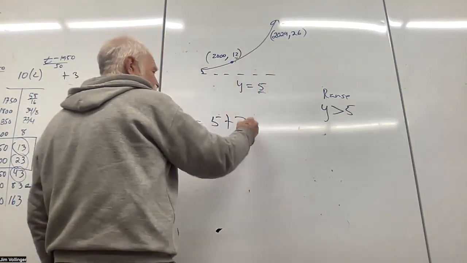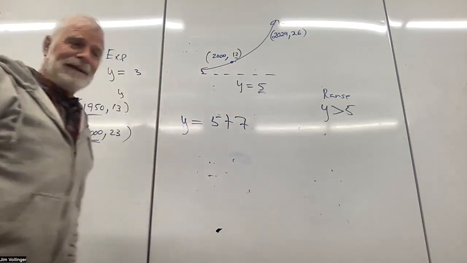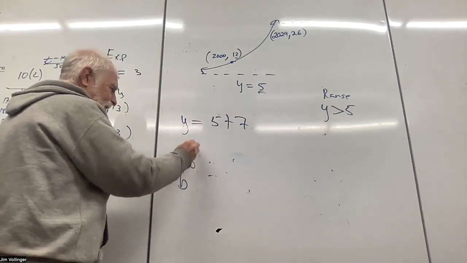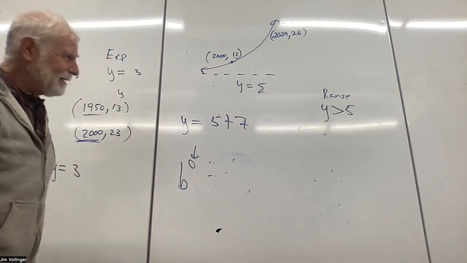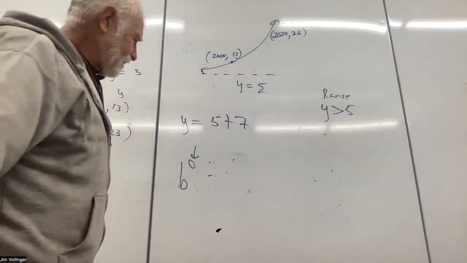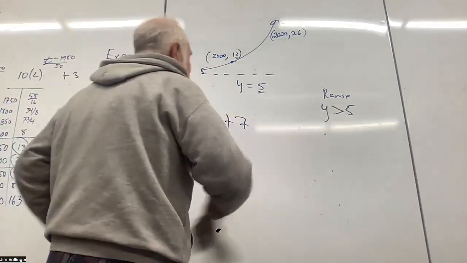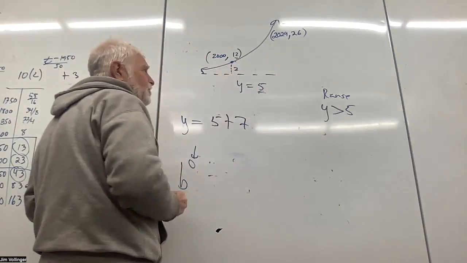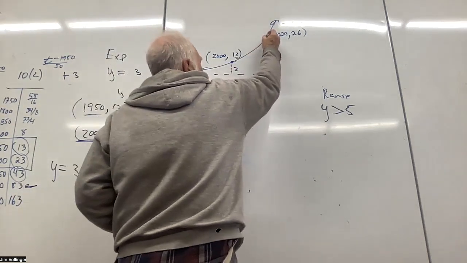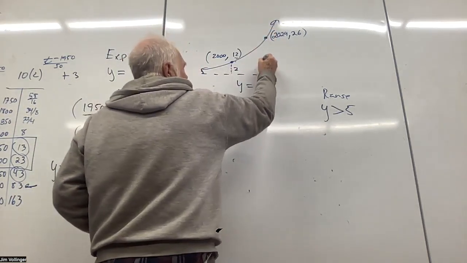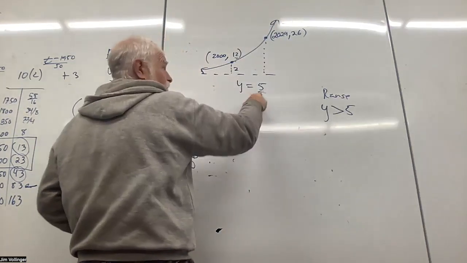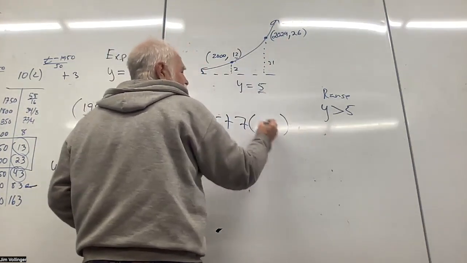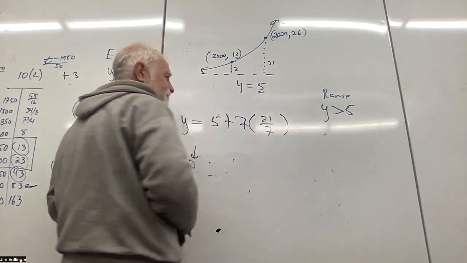That's a population boom of 7 sheep in the year 2000. We're going to make 2000 become the number 0. There's your first differential. What's your second differential? From 5 to 26 is 21. Oh, it's not 7, it's 21.